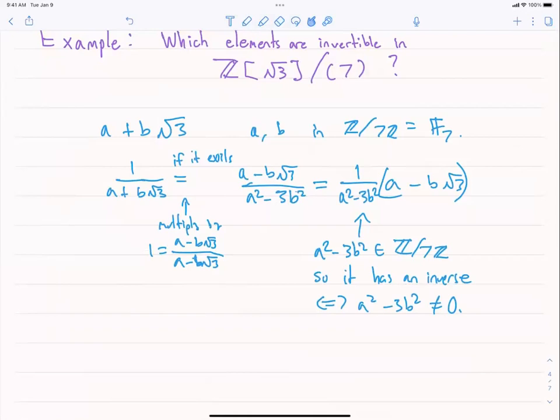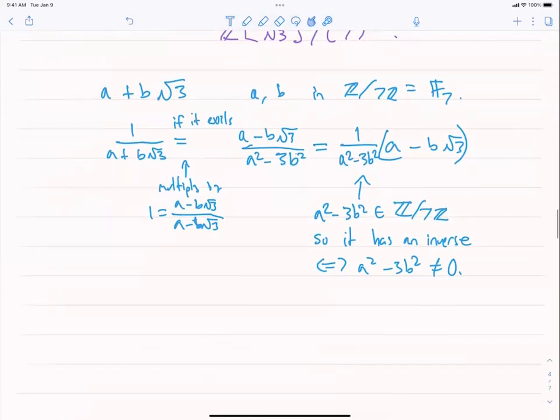We could look at what happens when we get non-zero things. Well, if b is 0, then we're just looking at some element in Z mod 7Z, and then all the non-zero ones are invertible. But it's interesting to look at what happens for other ones.